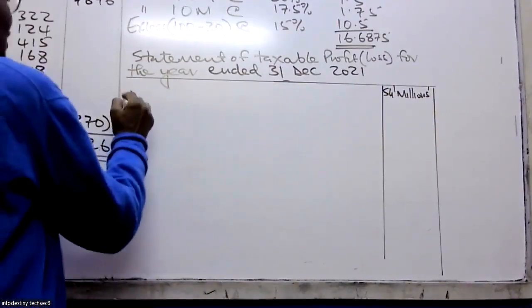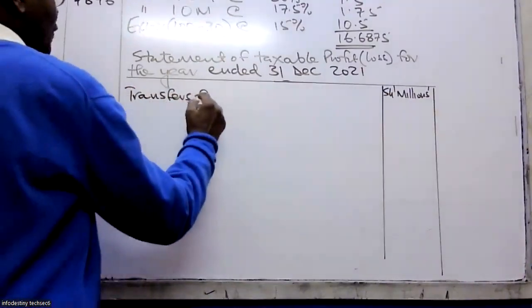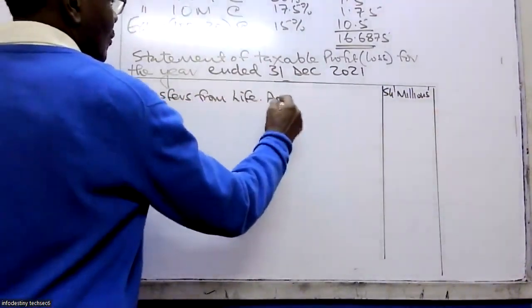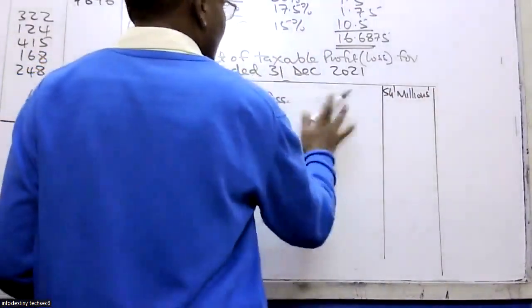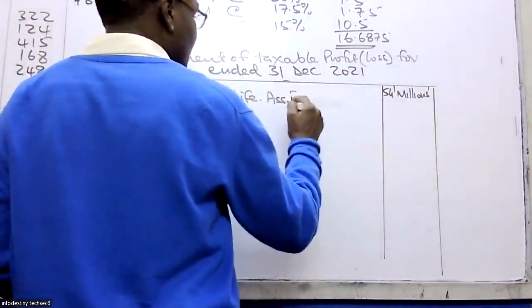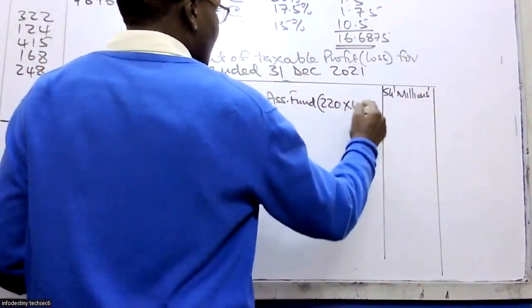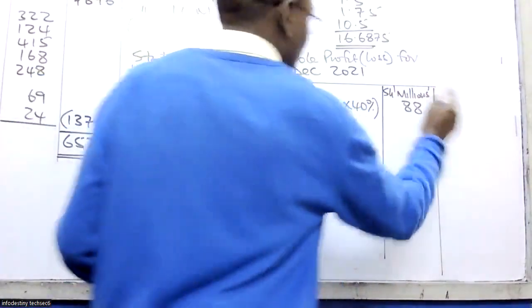So you say transfers from life assurance fund. It is valued at 220 million, 40% has been recommended, which is 88.